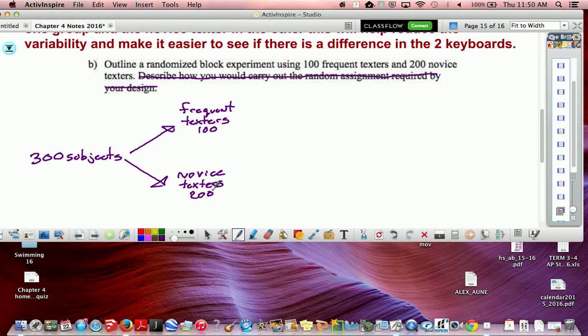So now we want random assignment. We have group 1, which will have 50, and group 2 will have 50.